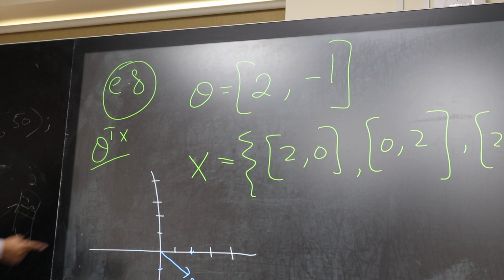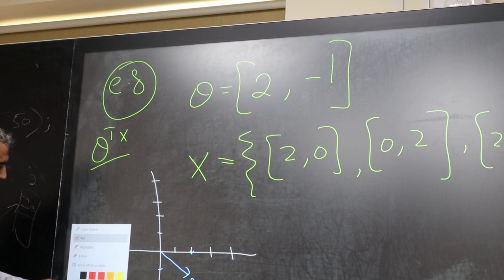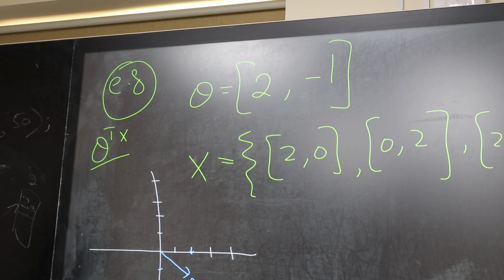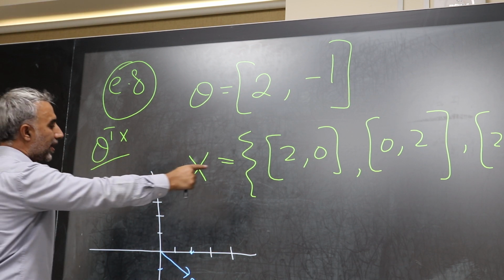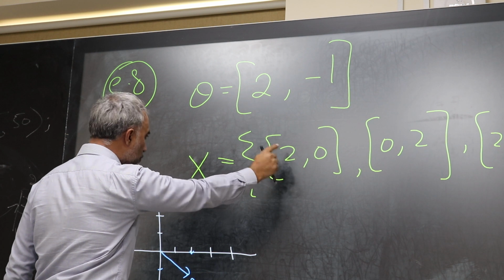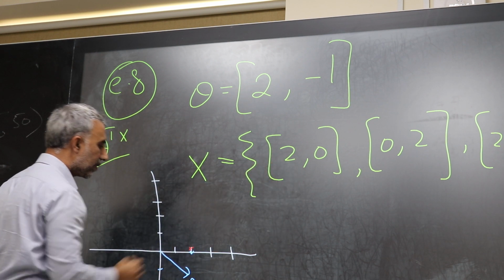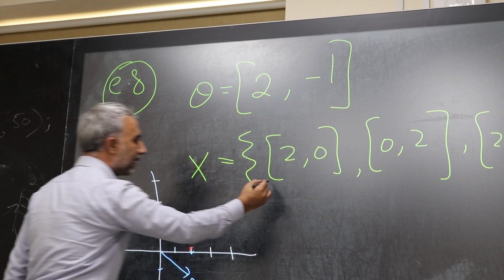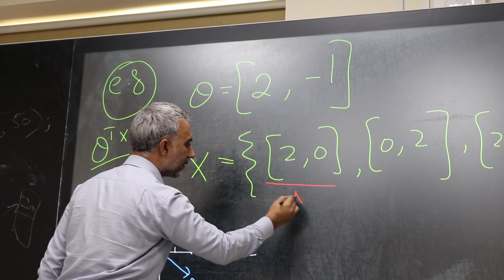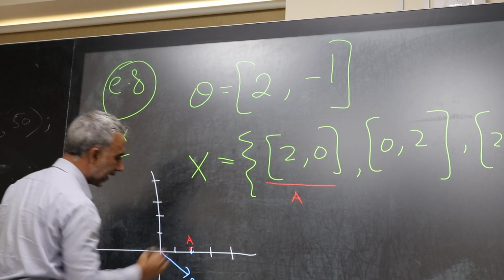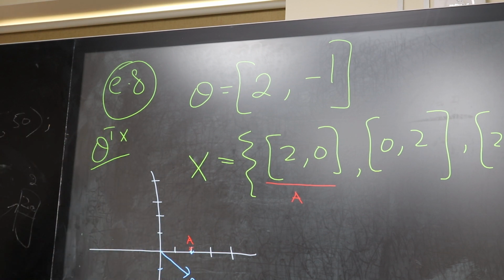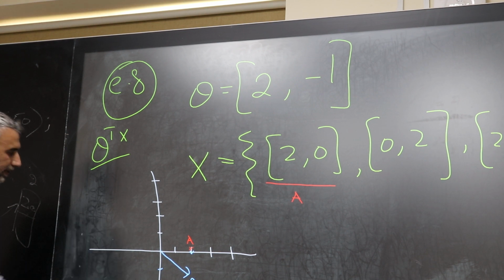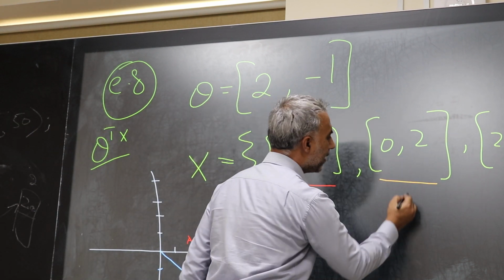And if I am talking about the features, in the first situation, once x is 2, y is 0. So this one is A. Once x is 0, y is at this point, B.